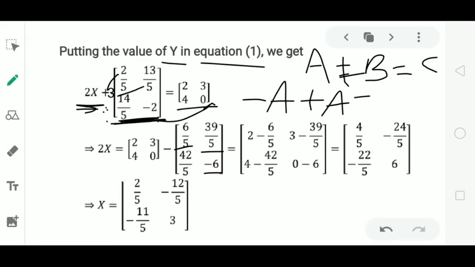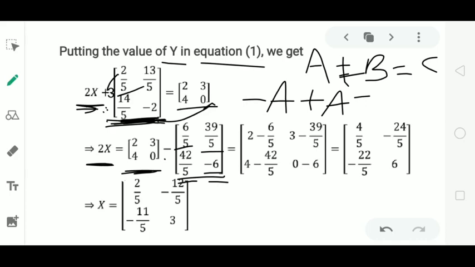So here if I take this matrix to the RHS, that is, we are adding negative of this matrix on both sides, then RHS will become matrix 2, 3, 4, 0 minus matrix 6 by 5, 39 by 5, 42 by 5, minus 6. In LHS we are left with 2X.